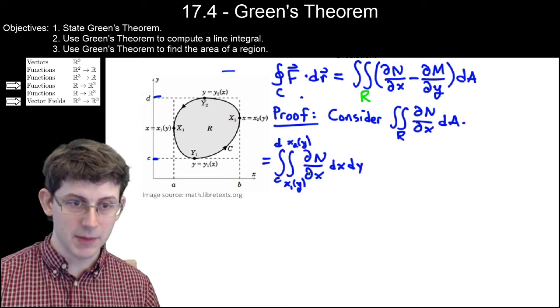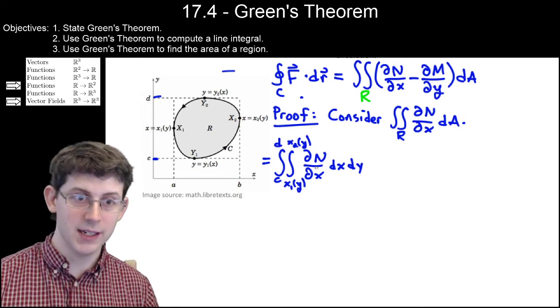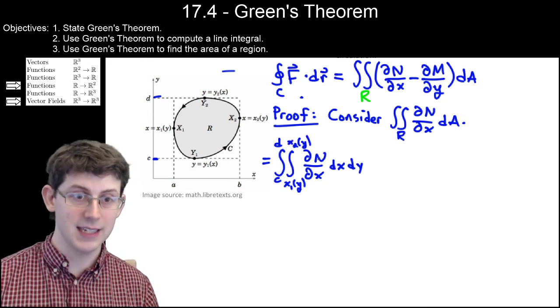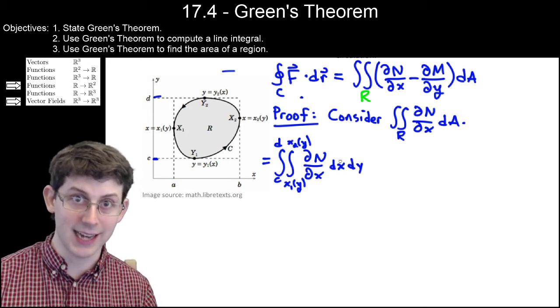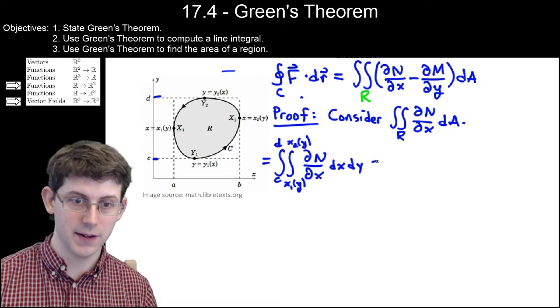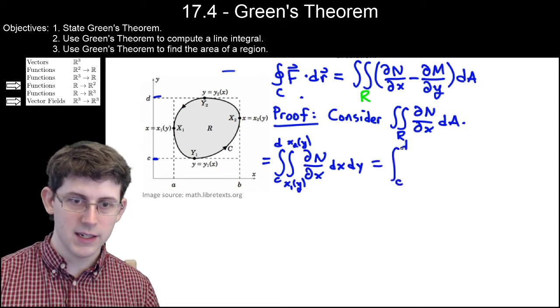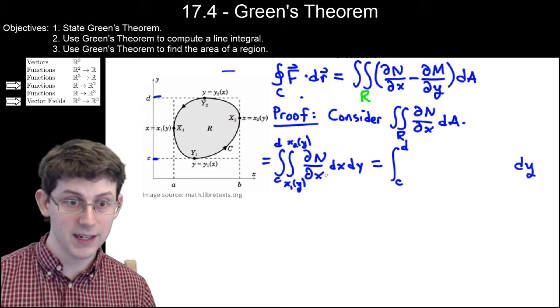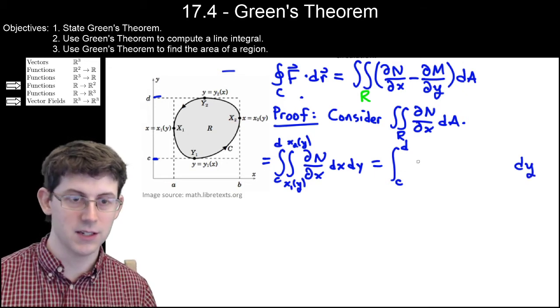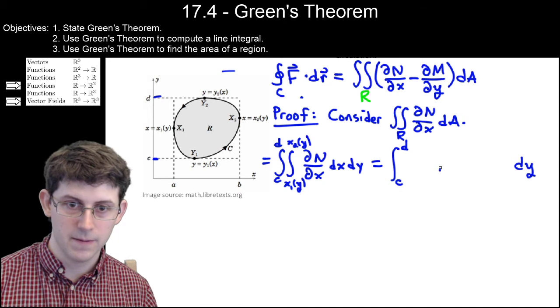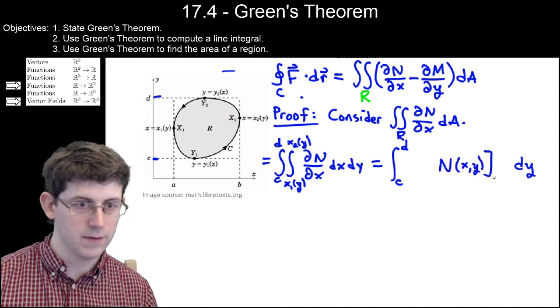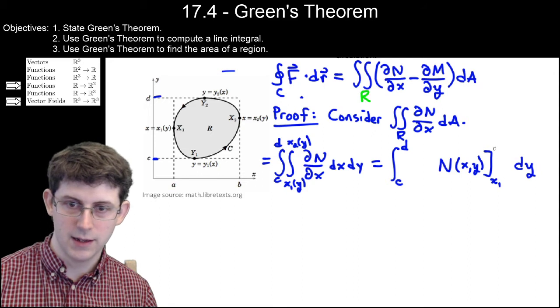Now that we've set this up, I can do the innermost integral even without a formula for n, because I have the integral of partial n partial x dx. So the integral and the derivative undo each other. Just like for all double integrals we've ever done, the outermost integral just sits there and waits for us, and the innermost integral we can actually do. So I get n of x, y from x1 to x2.